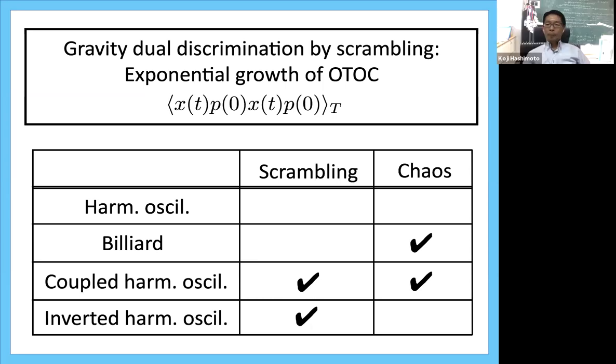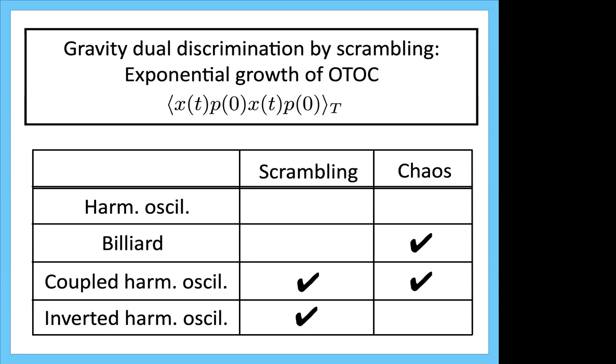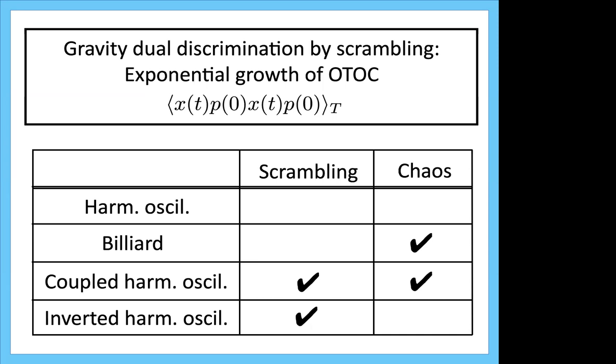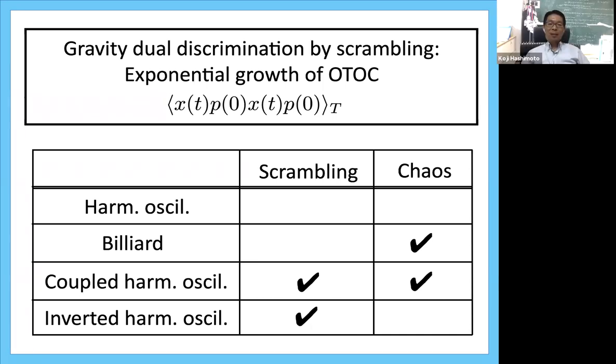Scrambling is of course different from this definition here, right? Yes. I think there is a confusion about how we use the word scrambling and chaos. The first and popular definition of scrambling is just scrambling time.